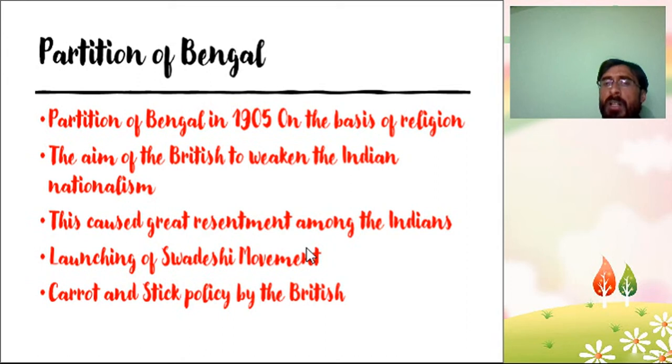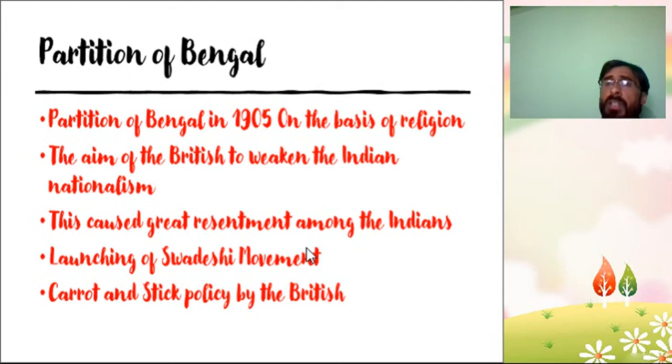The Swadeshi movement was generally under the control of extremists. Therefore, the British were forced to think in terms of an alternate method. They adopted a policy known as the carrot and stick policy. Their aim was to isolate the extremists from the moderates, and when the extremists were isolated, it would be easy for them to suppress them.